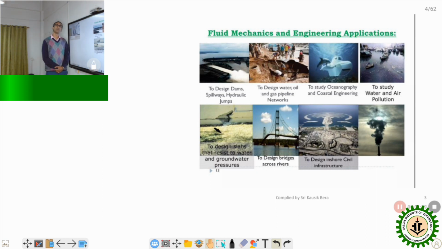There are lots of uses of fluid mechanics in various fields of engineering, in civil engineering, mechanical engineering and aerodynamics everywhere.